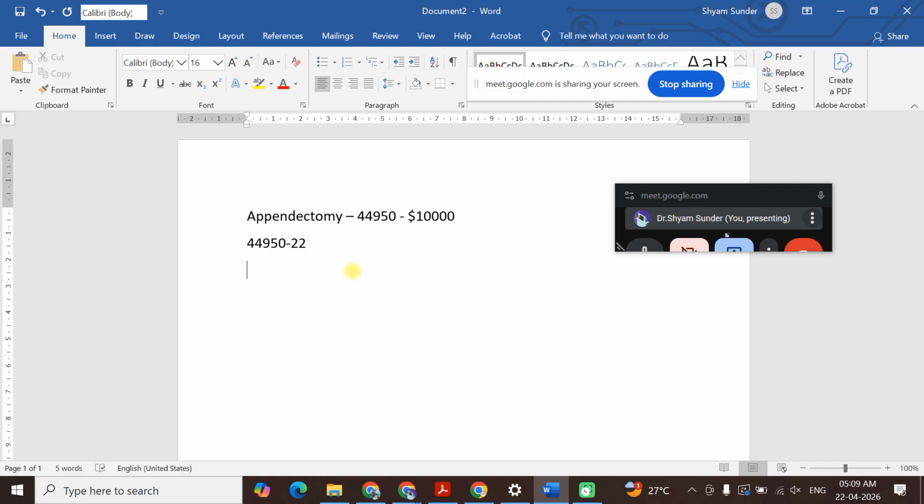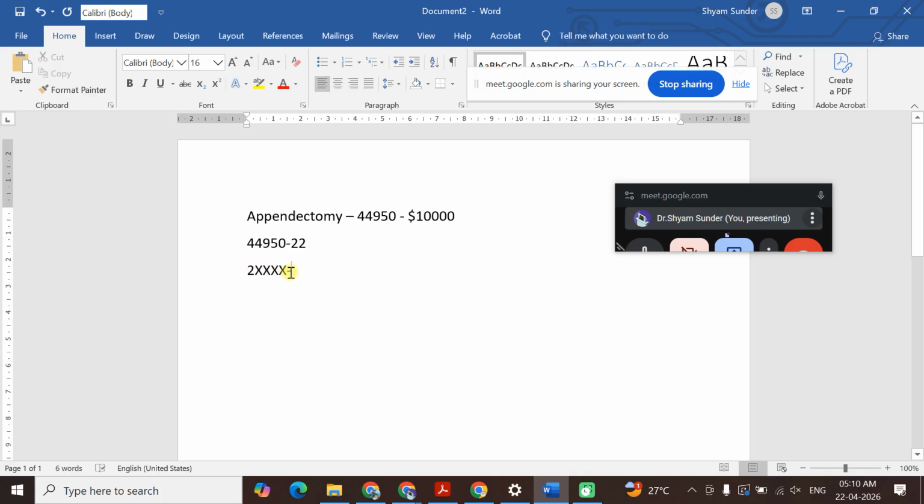For example, I'll take another procedure. There's a fracture of the femur. Then a closed reduction was done, which means plaster of Paris was applied. Let us say the code is, this is a code for the closed treatment of fracture of femur. I'm not putting the complete code.